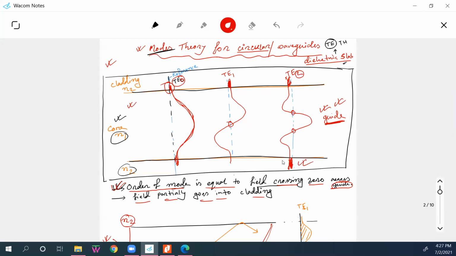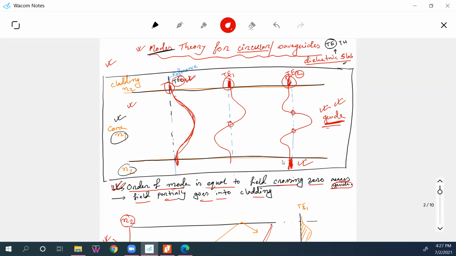So for optimized performance, which mode should we choose? TE0, right, the lower mode. We always want to choose a lower mode so that maximum optical power is in the guiding mode and less power is in the cladding region, because power in the cladding region we cannot use. It's of no use there.